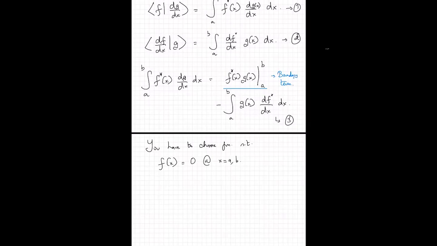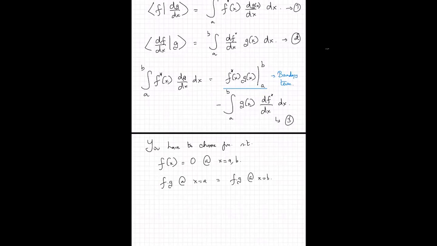Or if this combination f star times g at x equals a is the same as f star times g at x equals b somehow. And that seems a little more artificial.